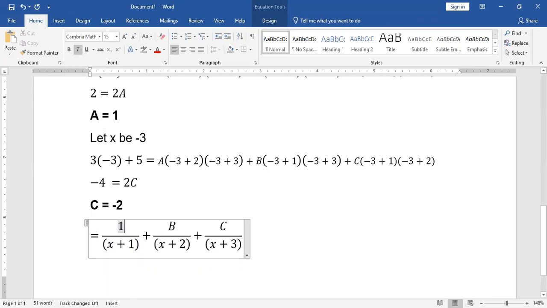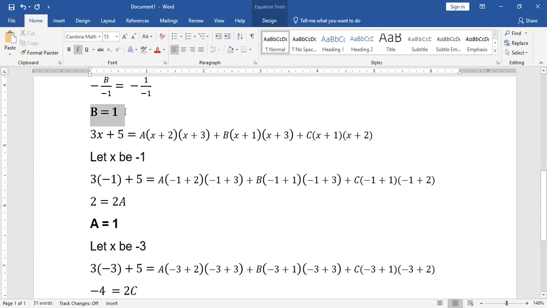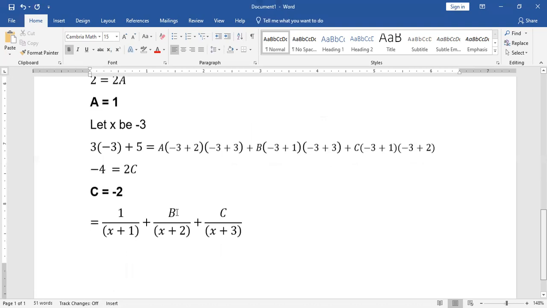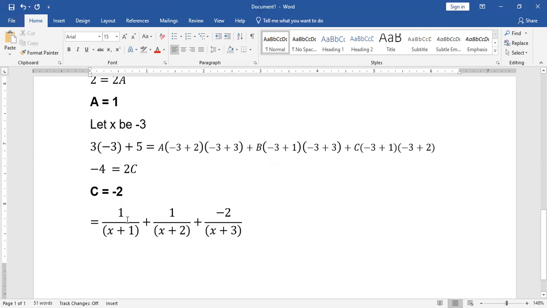And where there is b, what was b? B, we also found 1. It's here. So where there is b, I'm putting 1. C, we found negative 2. It's here. So where there is c, I'm putting negative 2. That's the final answer.